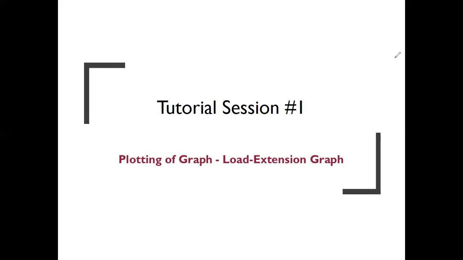Indeed, this tutorial session is very crucial because plotting graph in strength of materials, though similar to what we have done in mathematics, is not the same because the values are generally decimal values compared to mathematics, where most of the time the values are round figures or whole numbers.